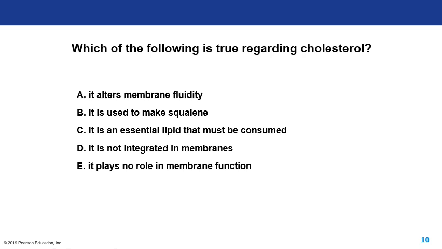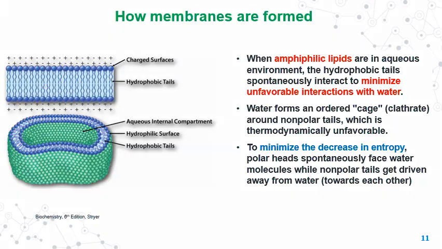What is your answer? It is A. Just mentioned, it changes membrane fluidity. If you have this molecule by itself not interacting with each other, then you're going to have to increase the organization of the water molecule around that. Okay?